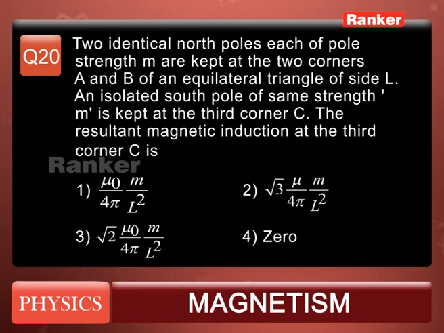The second option root 3 by 4 pi L square into mu m. Third option root 2 mu naught m by 4 pi L square, and the fourth option is 0.